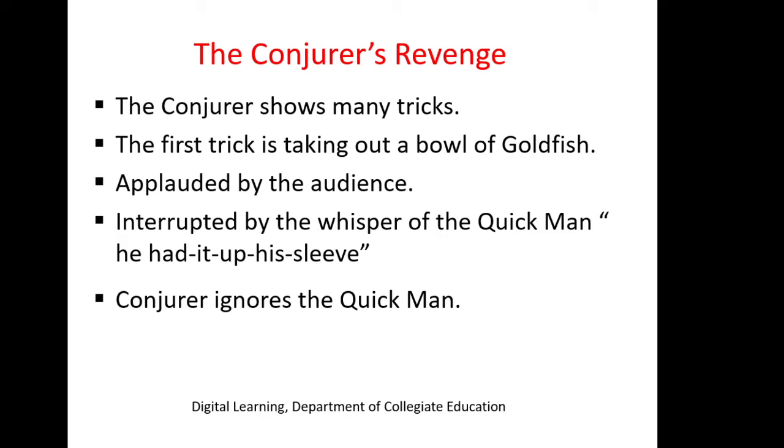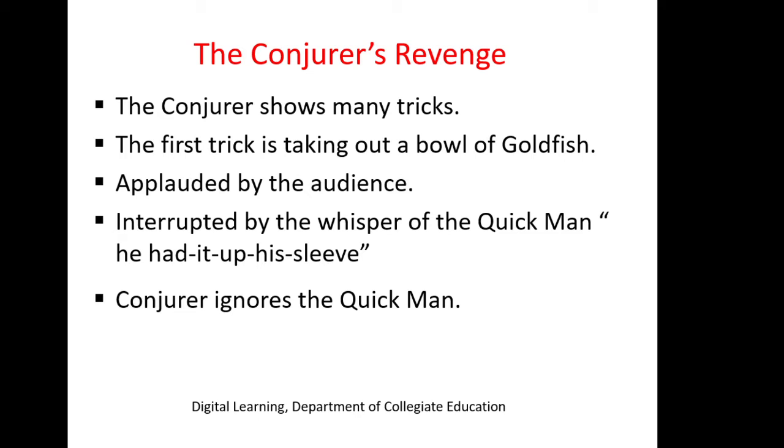Coming to the lesson, The Conjurer's Revenge. Here is an interpretation of the story. So the conjurer is a very skilled magician who is performing several tricks for the audience. The first trick that he performs is taking out a bowl of goldfish from an empty piece of cloth.